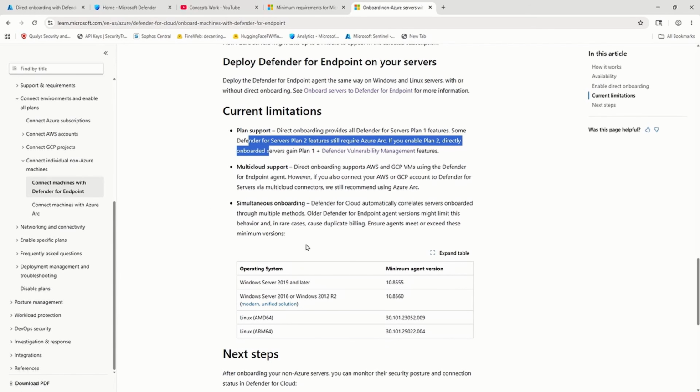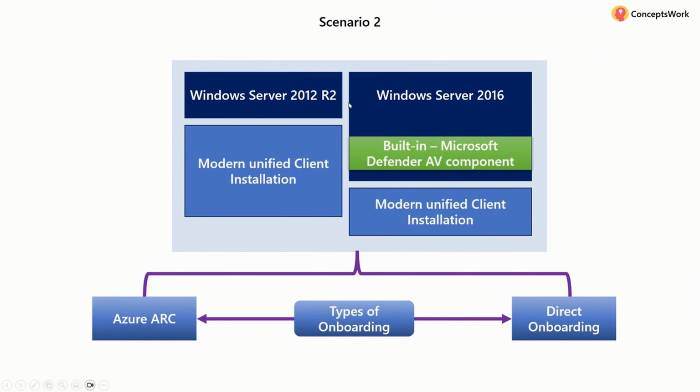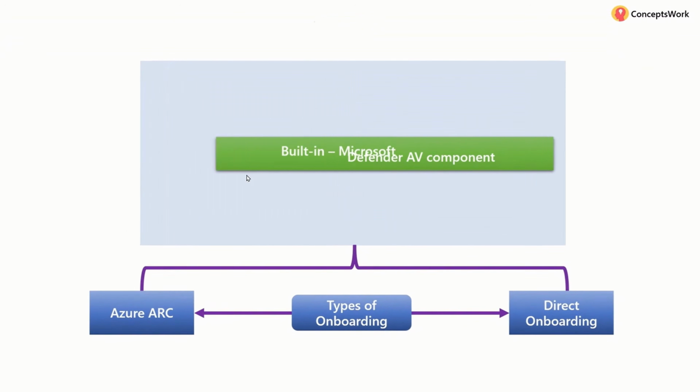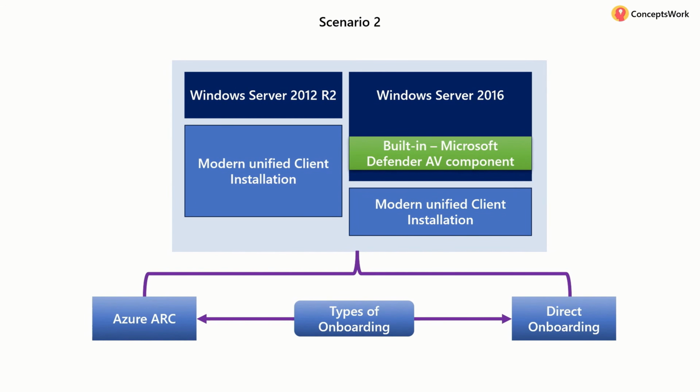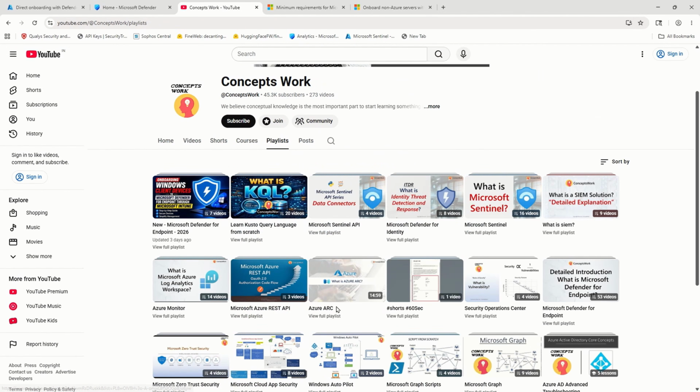I mean, you can read this documentation, but from my standpoint, I will always suggest that it doesn't matter which scenario you are in, whether you are onboarding Windows Server 2012 R2 or 2016 or any of these newer versions, go ahead with Azure Arc onboarding. Now, fundamentally, let's say you don't know what Azure Arc is. Then again, you can go to our channel and there is a playlist already available which has around 7 different videos.